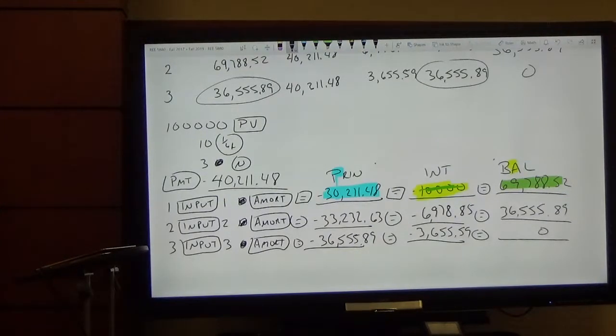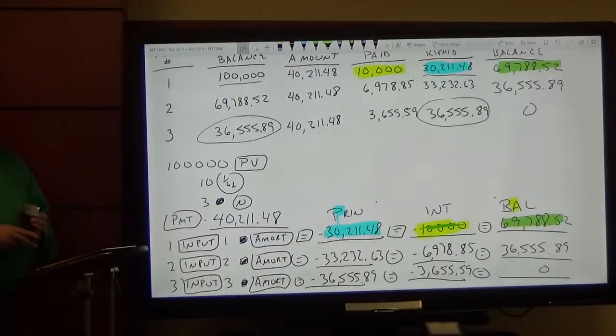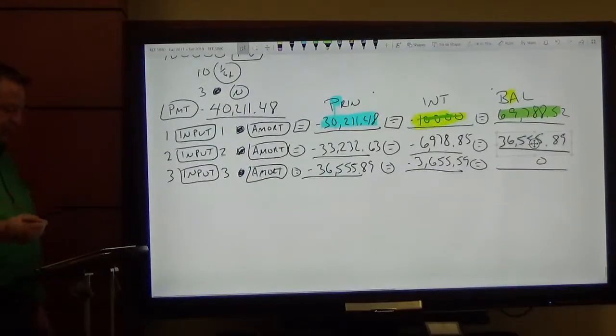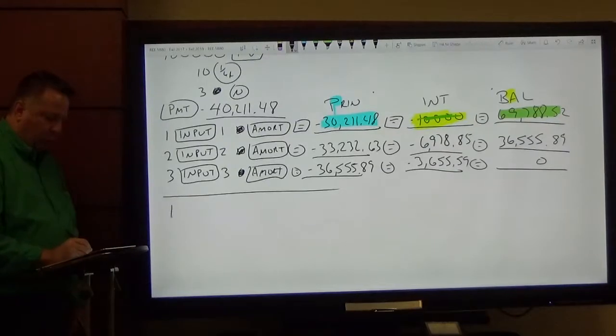Okay, yep. The ending balance for the second year wouldn't always equal the principal of the third year, would it? Well, if that's the last year of the loan, then yes. Okay. Right, it's the last year of the loan. Okay. Yep. Now, just for fun, all right, let's do 1 input 3.